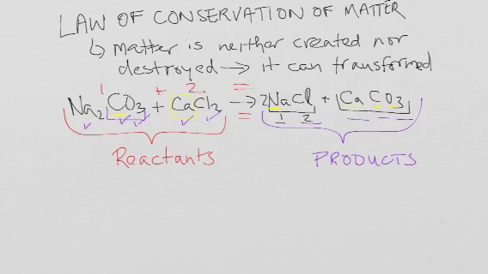So the word equation for this would be sodium carbonate plus, what is this guy called? Ca. What's Ca? Calcium. And what's the last one? Chlorine. But when we combine them, it's going to get changed to calcium chloride.